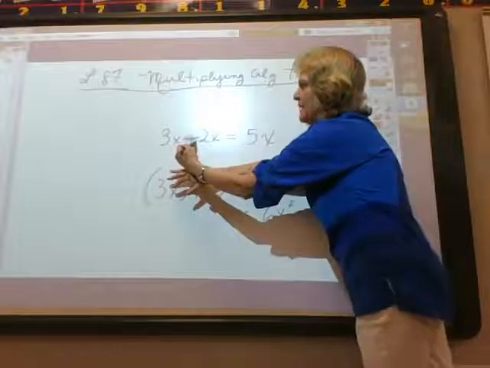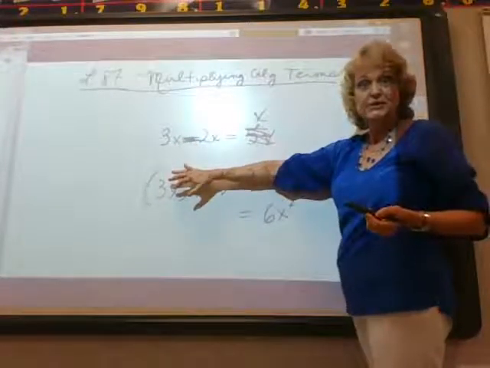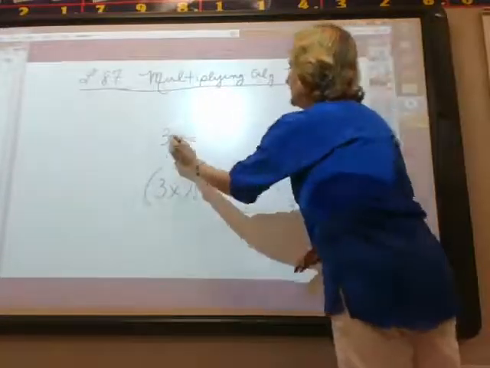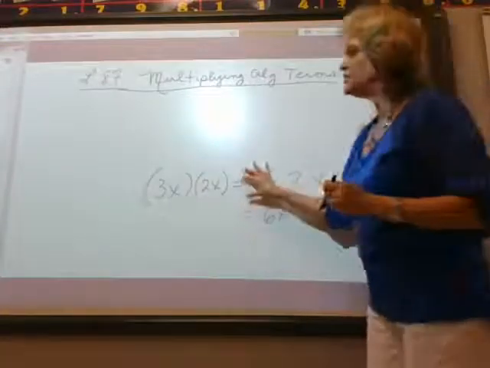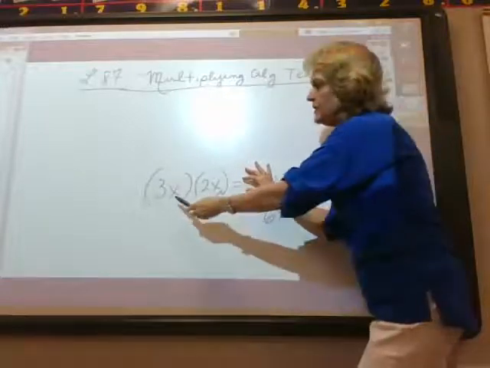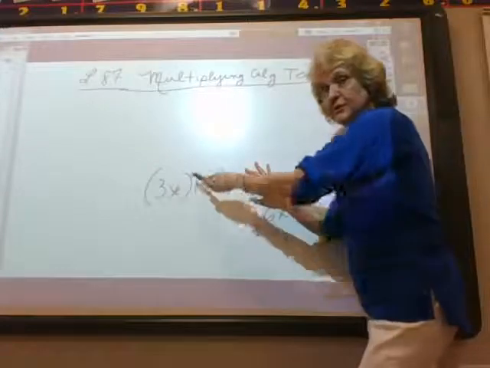And if this were minus, then we just have 1x, right? 3x take away 2x is 1x. Okay, good. Well, now what we're going to do today is multiply these algebraic terms. So say that these are 3x times 2x. It either says multiply, or you would know that standing next to each other with no sign between, these are being multiplied.